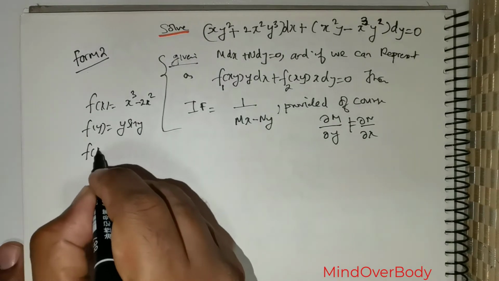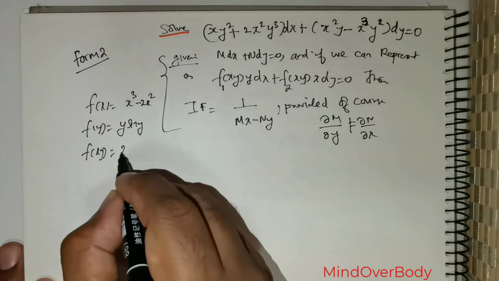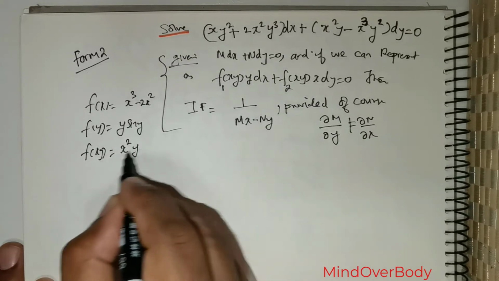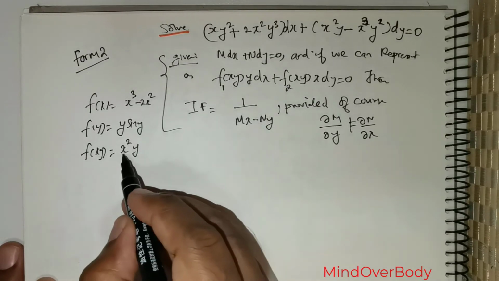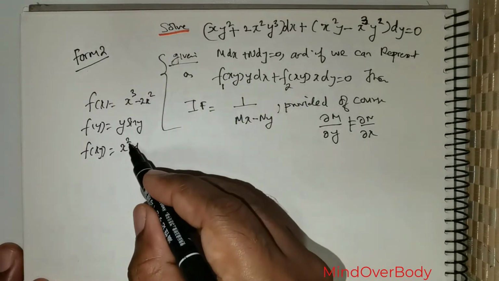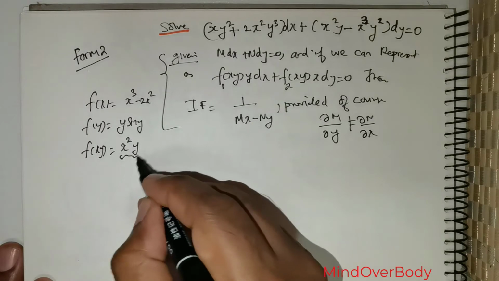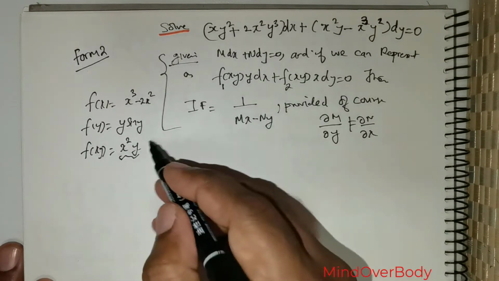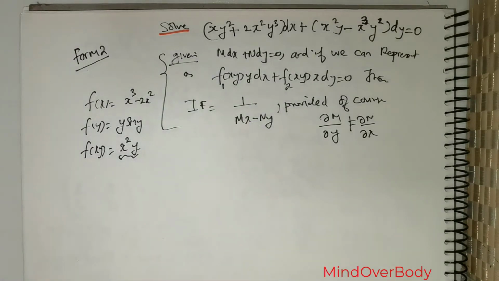Now if I say f of x times y, then the function has to be of this form. So for every x there should be a y with it. It doesn't matter what the degree or order they carry, but they should be together, right? They are couples. That's the understanding that you should have, and they should be joined together.